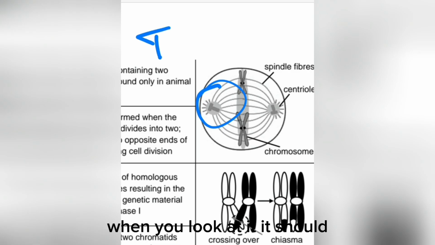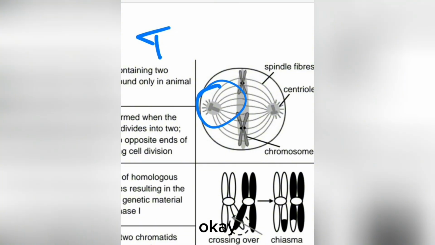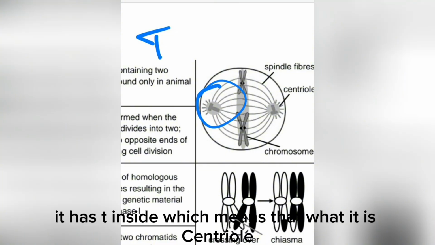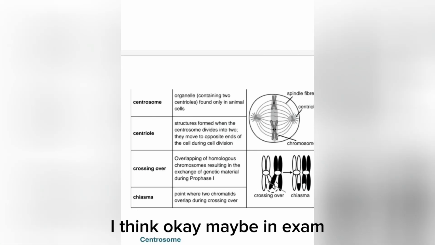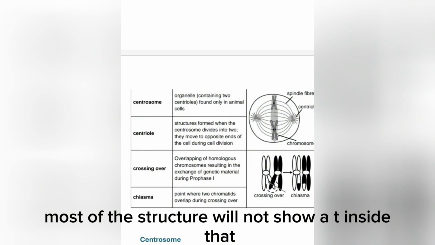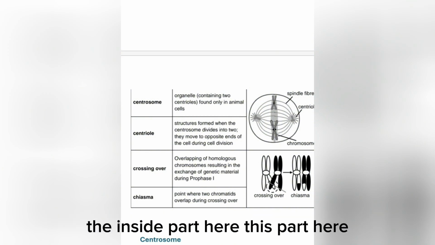So when you look at it, it should instantly click in your mind that this is a structure with a T inside, which means that what? It is a centriole. I think in the exam, most of the structures will not show a T inside, but you should just keep in mind that the inside part here, this part here, is a centriole. Just keep that in mind.